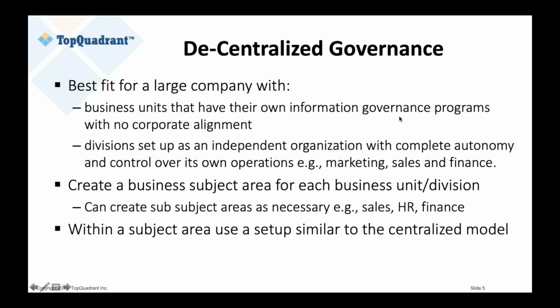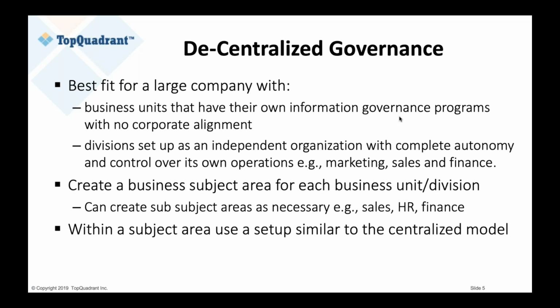Now, decentralized governance is the best fit for a large company that has a number of business units or divisions, and each of those business units has its own information governance program. There is no corporate alignment across those business units, and each division is set up as its own independent organization, typically with quite a bit of autonomy and their own operations.